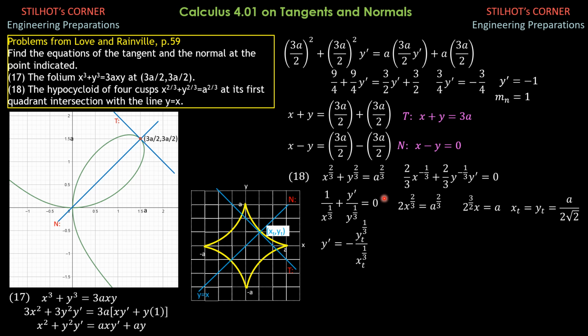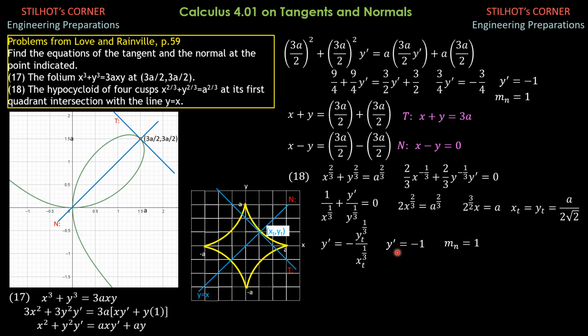Then we multiply by y to the 1/3. So that's why we have negative 1 over x sub t to the 1/3 times y sub t to the 1/3. Since x sub t equals y sub t from this fact, therefore the slope of the tangent is negative 1, and the slope of the normal is the negative reciprocal, positive 1.